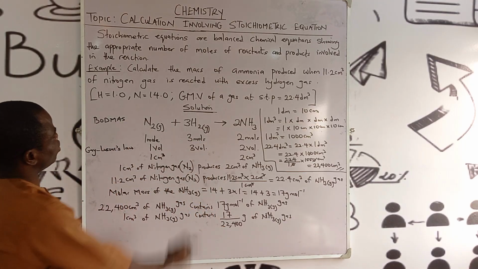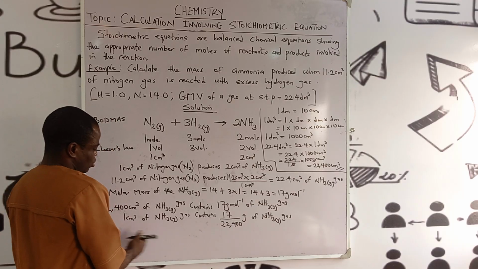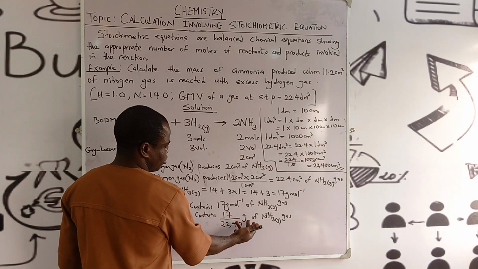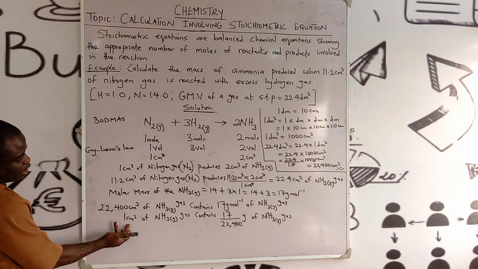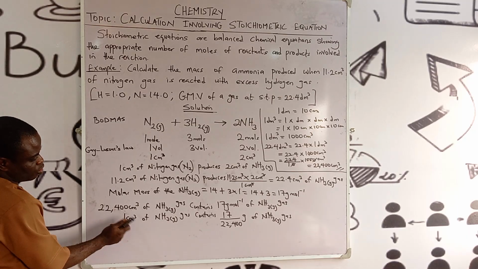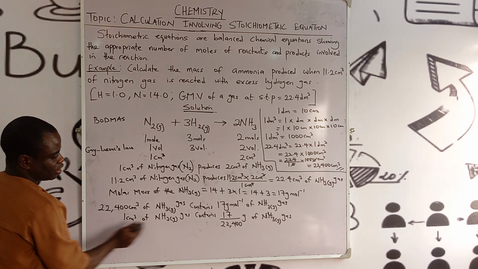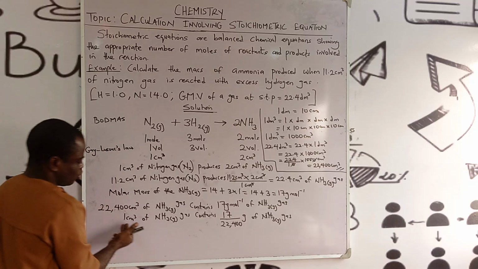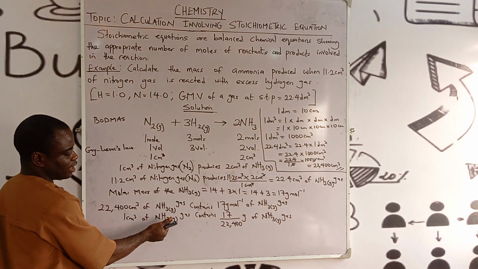We have to calculate the mass of ammonia gas produced, so the second expression will be in gram. Now, 1 times 17 divided by 22,400 gram is equivalent to 1 centimeter cube of ammonia gas.